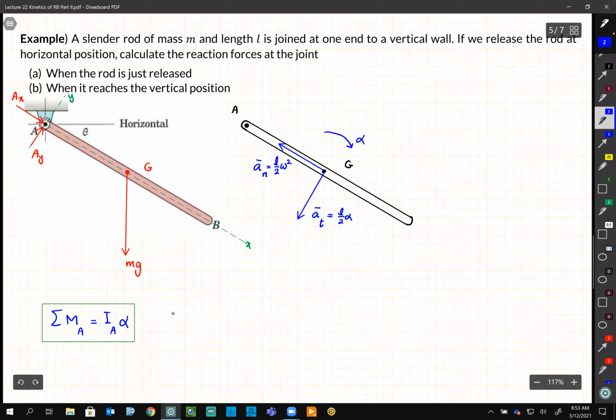So let's quickly write it down. What is the moment of these loads about point A? I have only mg. I can find its components, one in the X and one in the Y direction.